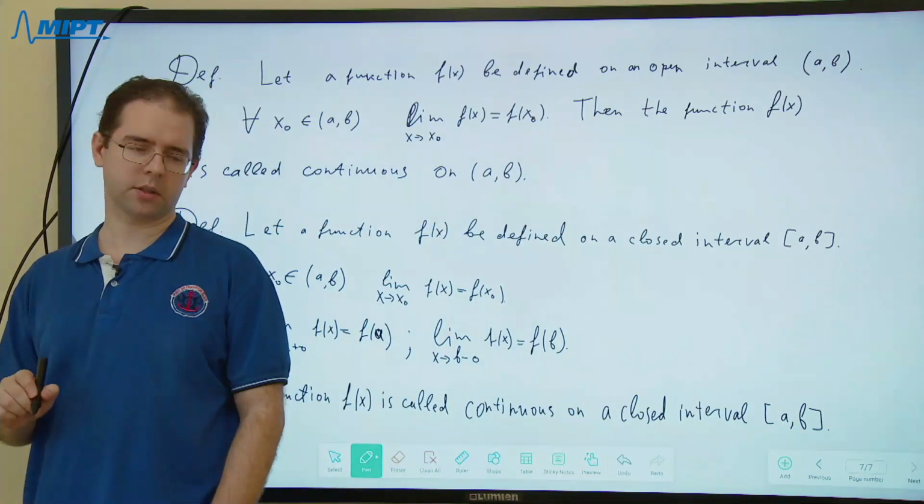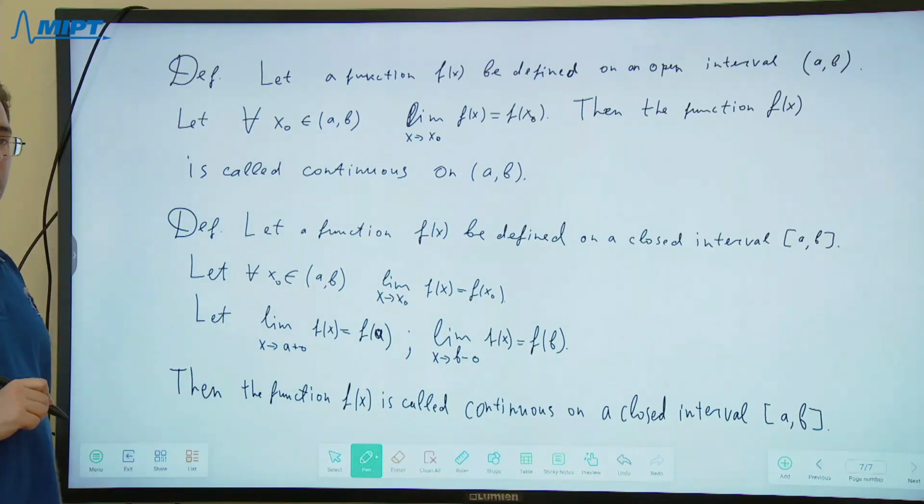So this is a function being continuous on a closed interval.